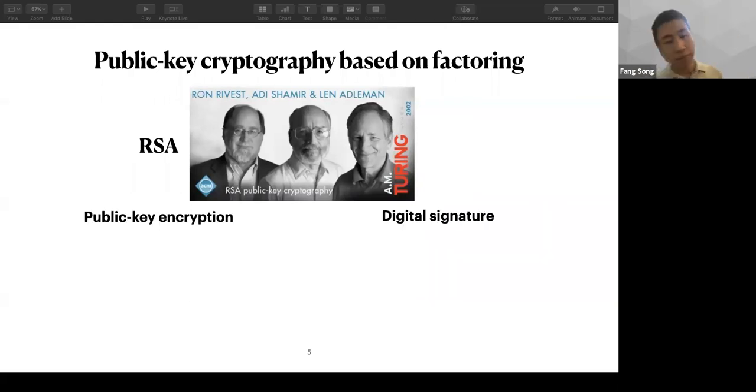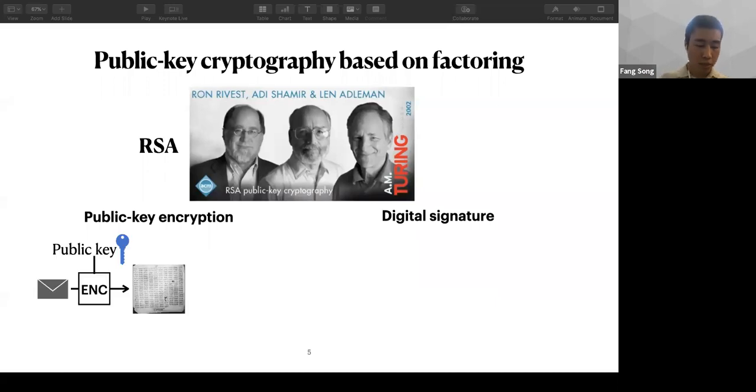There are two basic primitives in public key crypto, which are public key encryption and digital signatures. Just a quick refresher. In public key encryption, a sender uses a public key to encode some message into an obfuscated document, so that only the designated receiver can decipher it using the secret key, and no one else can read this document.